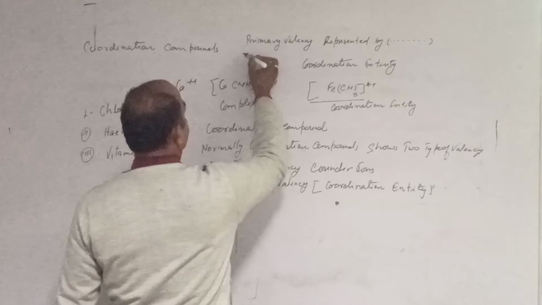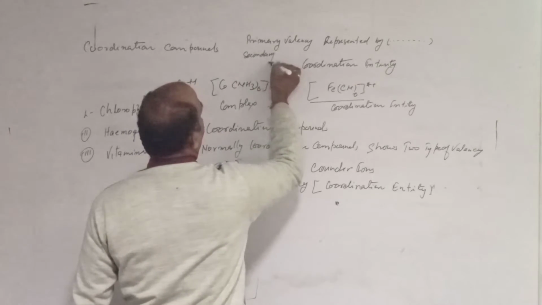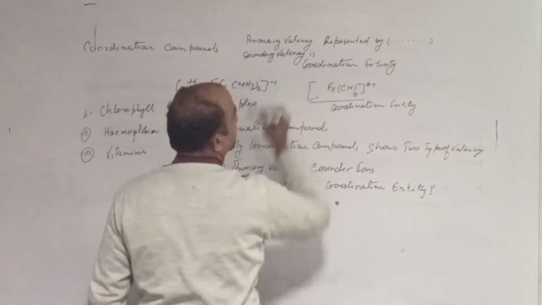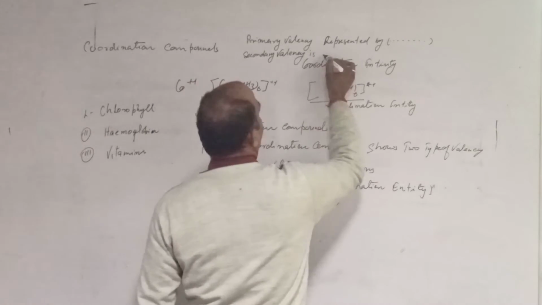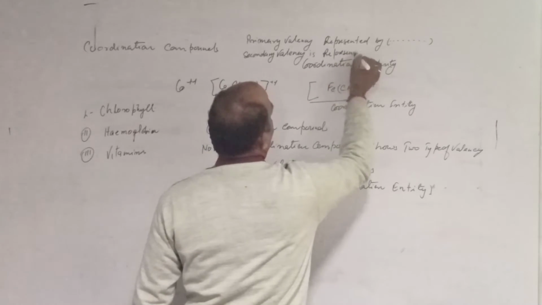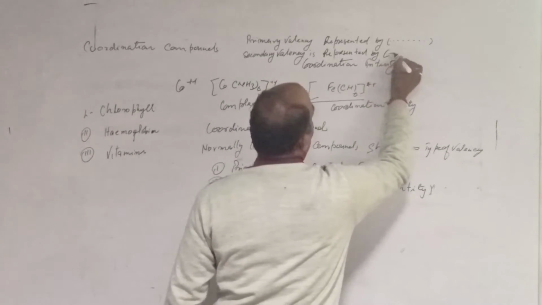And secondary valency is represented by solid lines.